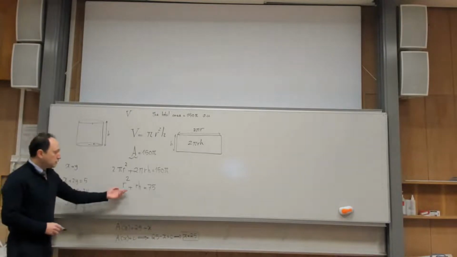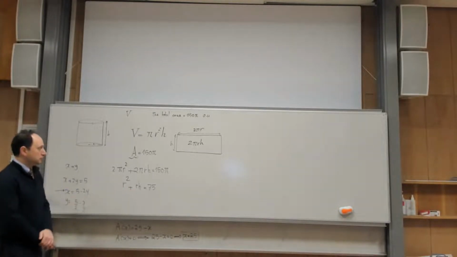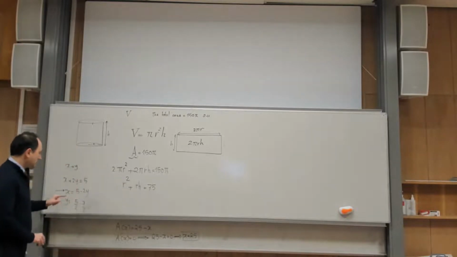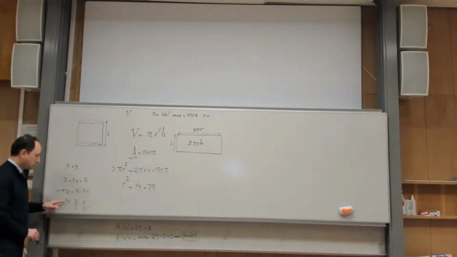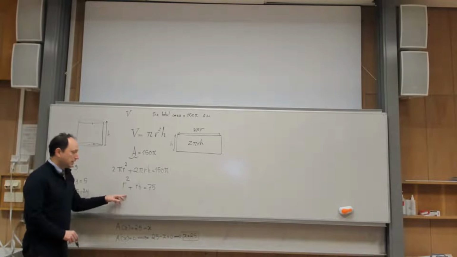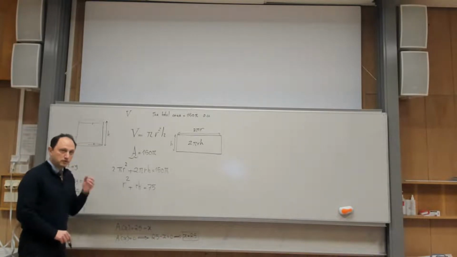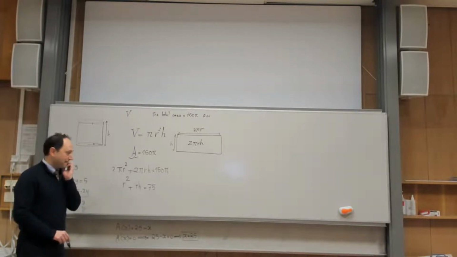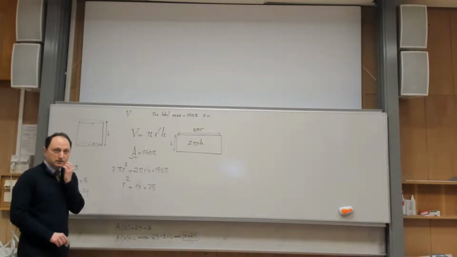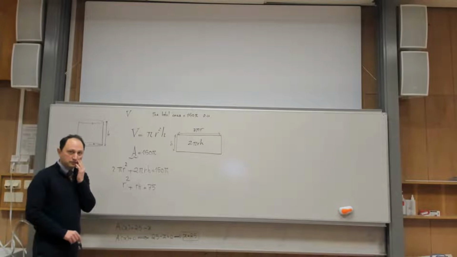So here, which one is more practical for me? My question is, should I make x alone or y alone? Here, should I make r alone or h alone? Which one? R. They are combined. No, they are combined, but I can make one of them alone. Yes? I would eliminate h.